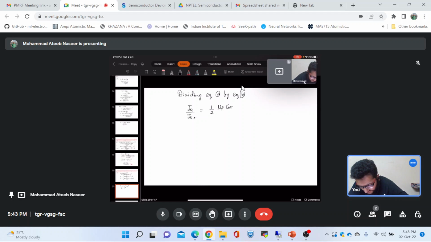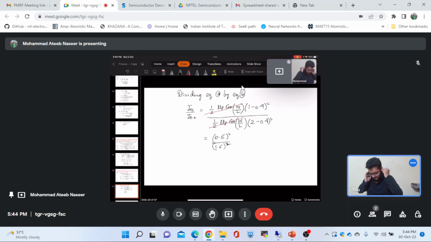1 by 2 mu p Cox W by L, (1 minus 0.4) whole square, divided by 1 by 2 mu p Cox W by L, (2 minus 0.4) whole square. So this term will go, and we will be simply left with 0.6 whole square divided by 1.6 whole square.